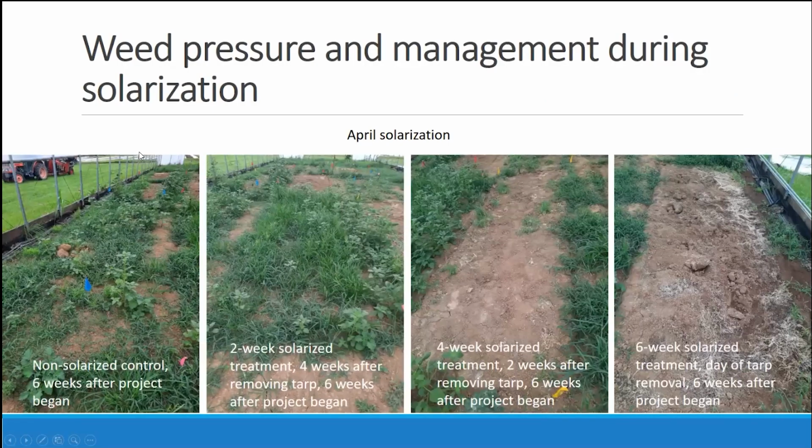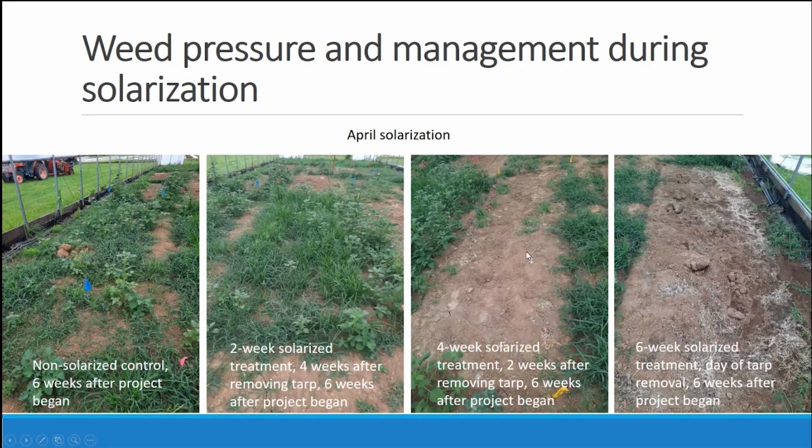Here's another project, and this is April solarization. This is just giving you an example of what this looked like. This was our non-solarized control 6 weeks after we started, right? Lots of weeds, plenty of weeds. 2-week solarization: this is 4 weeks after the tarp was removed, so looking at the longevity of this, right?